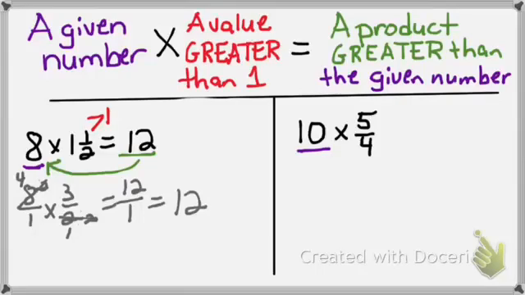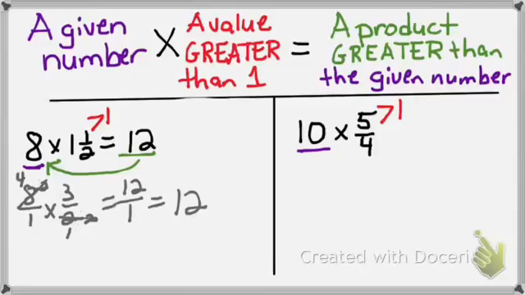Is 5/4 equal to 1? No, because the numerator and denominator are not the same. Is 5/4 less than 1? No, because the numerator is not less than the denominator. Is 5/4 greater than 1? Yes, because the numerator 5 is greater than the denominator.